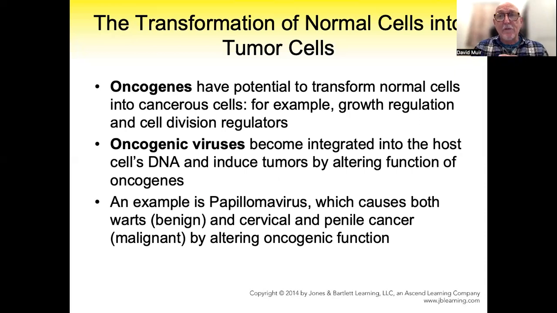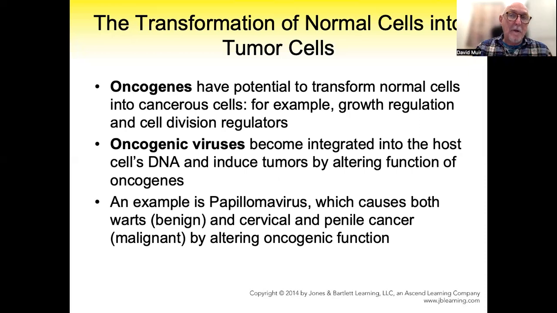So what happens with the oncogenic viruses, the viruses which become involved with oncogenes, is that they get integrated into the host cell's DNA, into the genome, and they alter the function of the oncogenes.